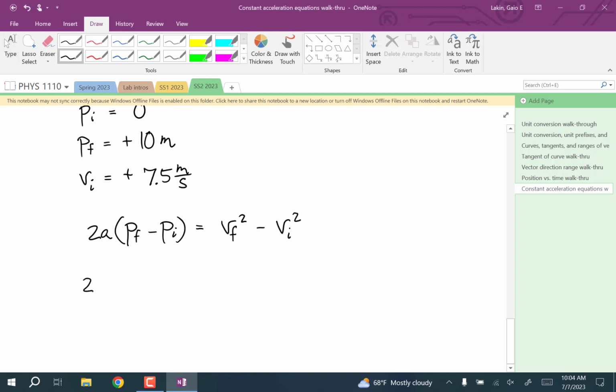And so we have 2 times negative 1.875 meters per second squared times the quantity 10 meters minus 0 is equal to Vf squared minus Vi squared.